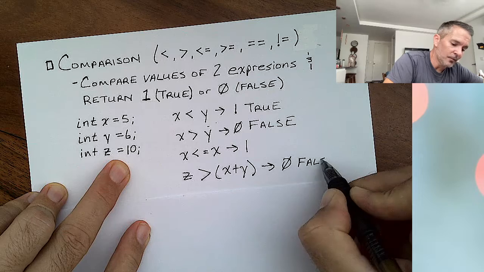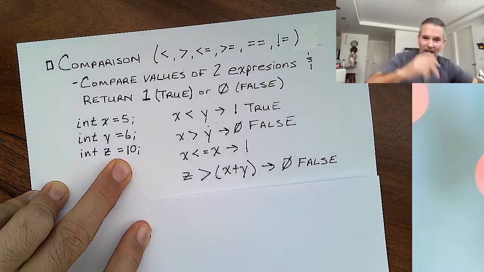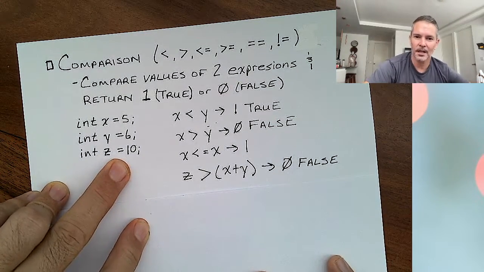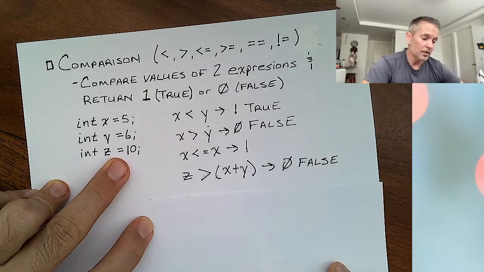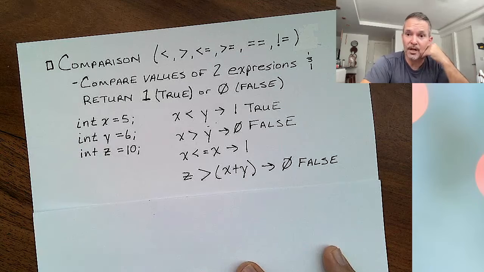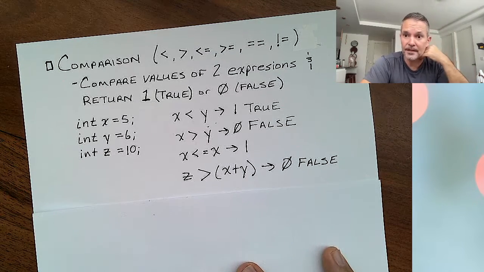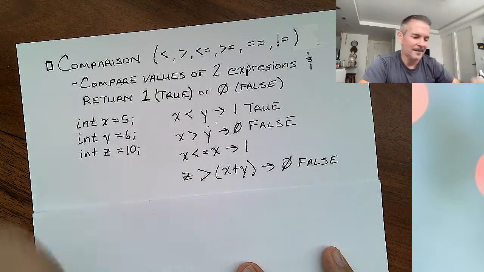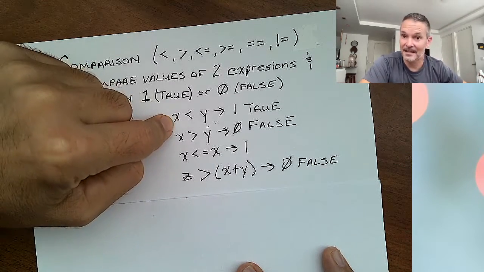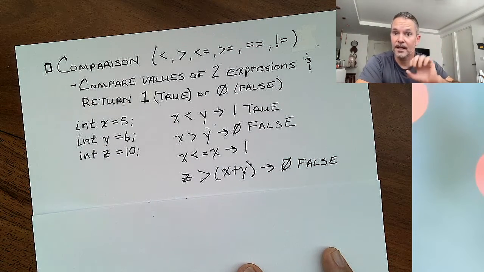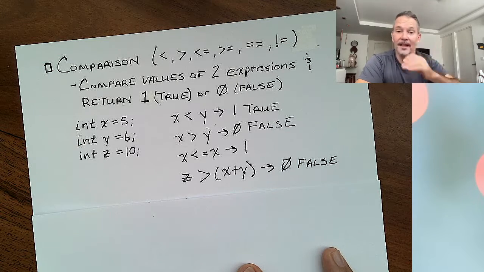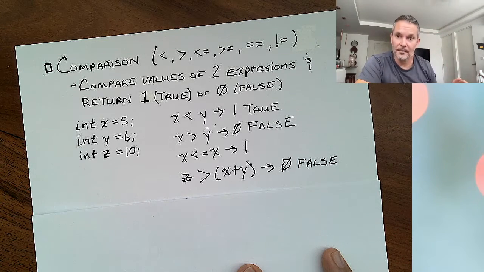Now, it may seem right now a little puzzling. Why are we doing these types of operations? Well, in a future video, we're going to learn about what's called flow of control in a C program, which allows us to say things like, if x is less than y, then I want you to do one thing. If x is not less than y, meaning it's greater than y, then I want you to do something else.